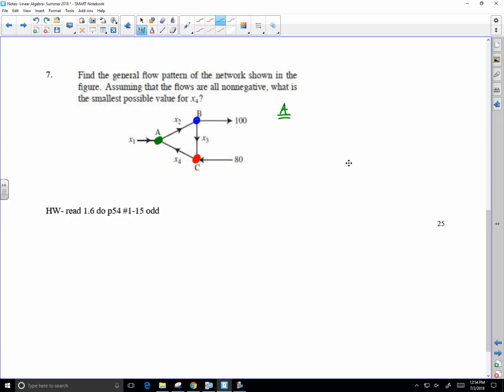So what A is gaining, x1 and x4, has to be equal to what it's losing, x2.